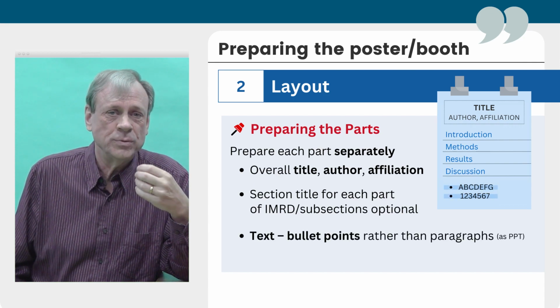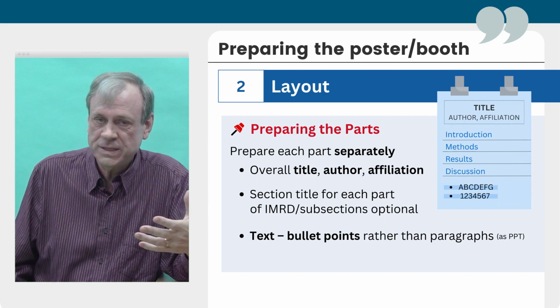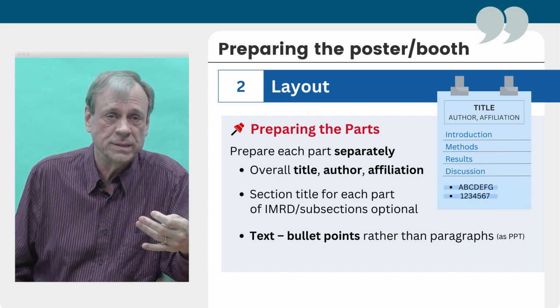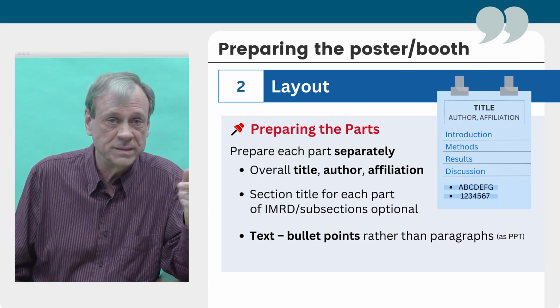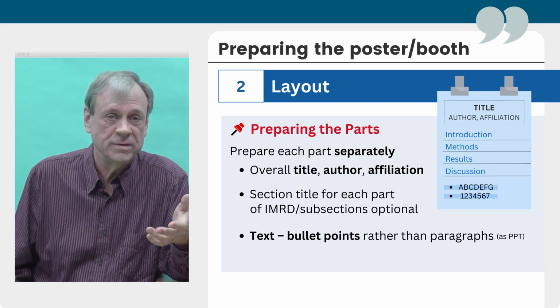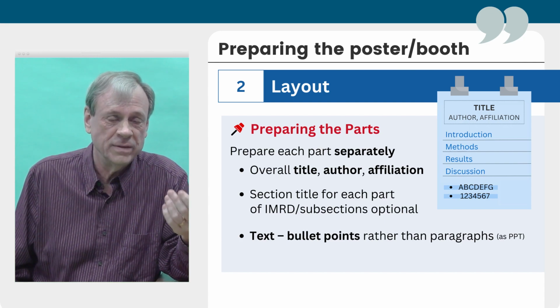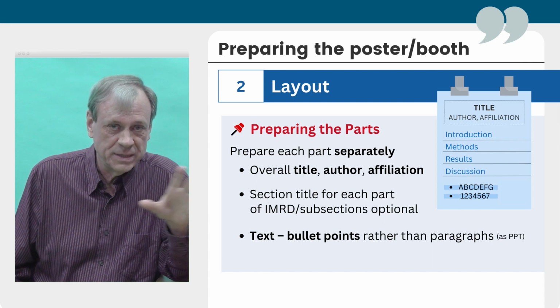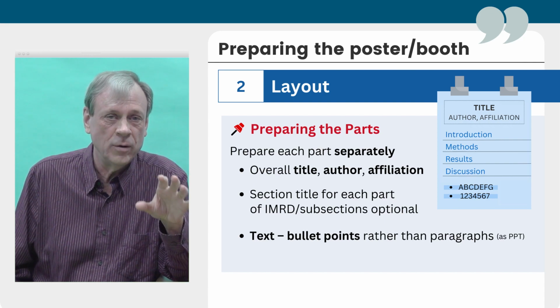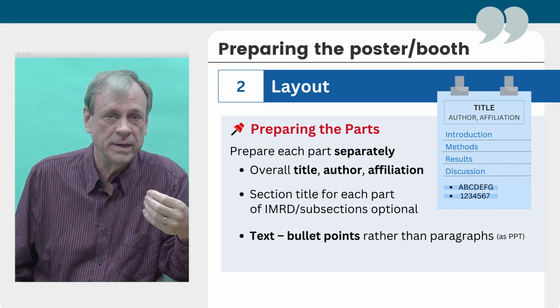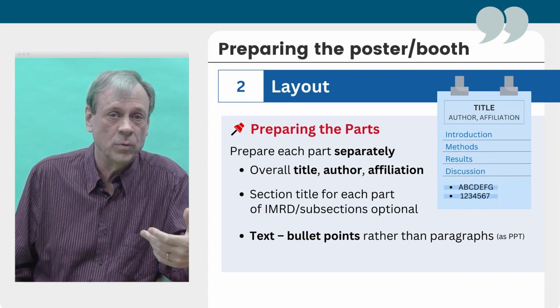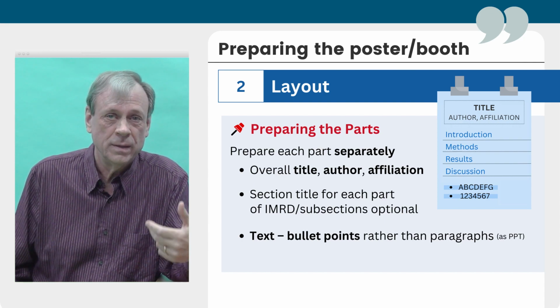As much as possible, try to use bullet points for the same reason as in a PowerPoint presentation. People will not sit there and read a whole paragraph. They don't have time. They don't have that much interest. But they can scan well laid out bullet points very quickly and get the main idea. And then ask if they want more information about something.